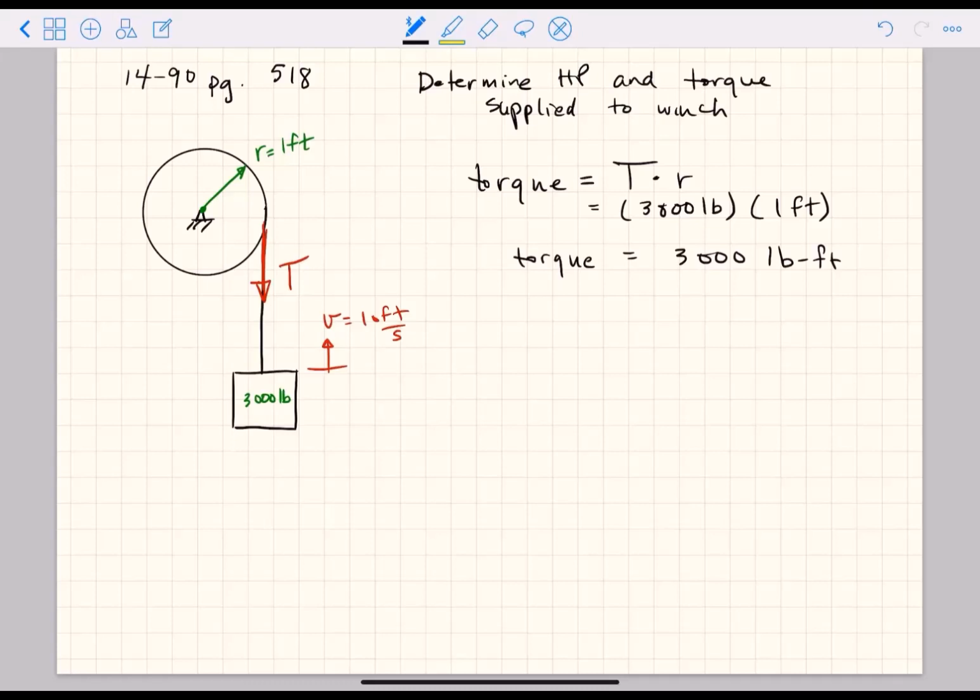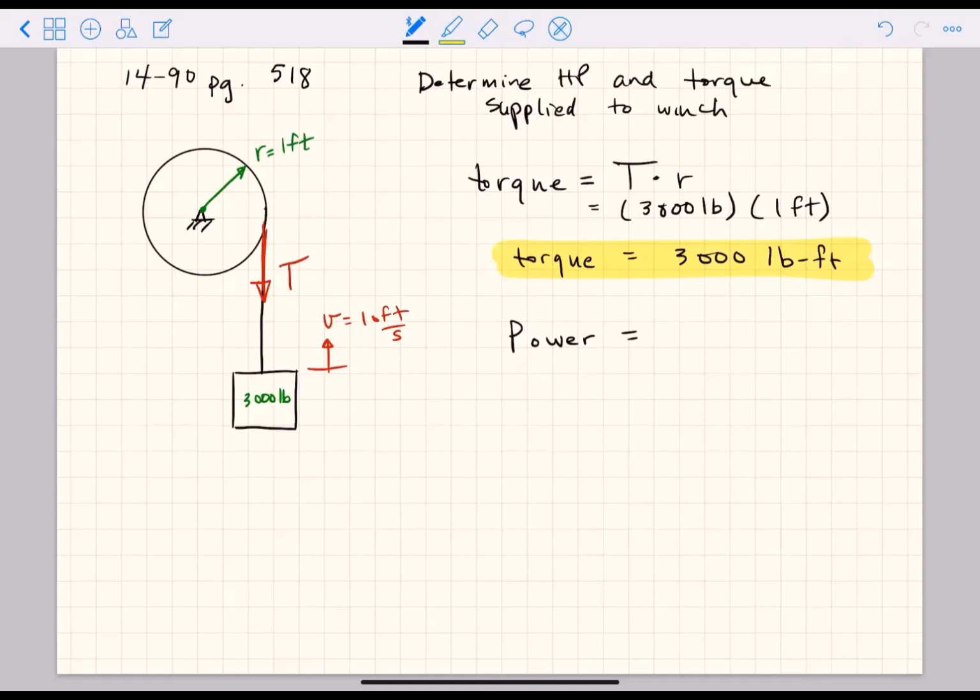So we want to determine horsepower and torque. Well, we were able to just find the torque, so what would be the horsepower? Horsepower is just power, right? So power is equal to, well, if you go back to the slides that I showed in the previous video, I said that there's a couple of different ways of solving for power.